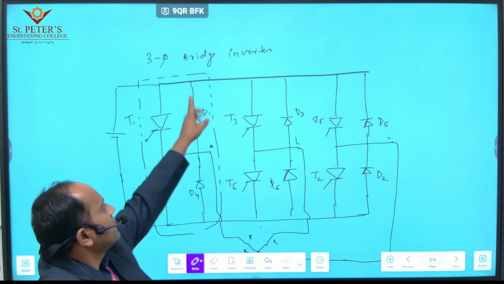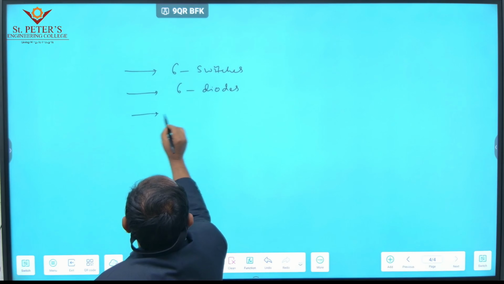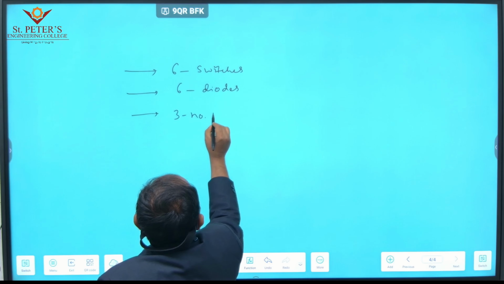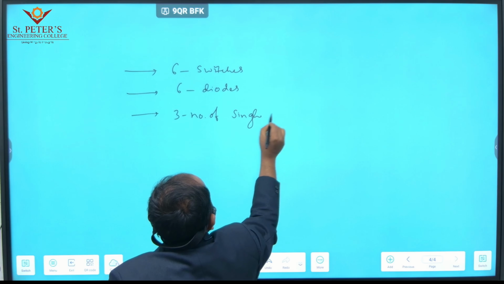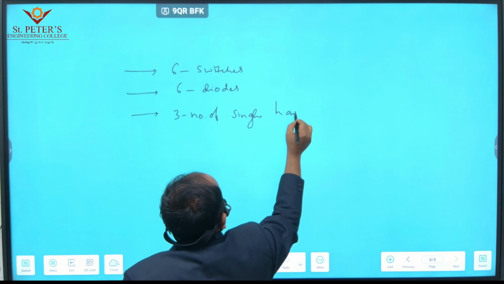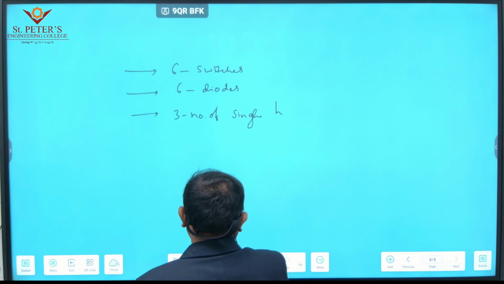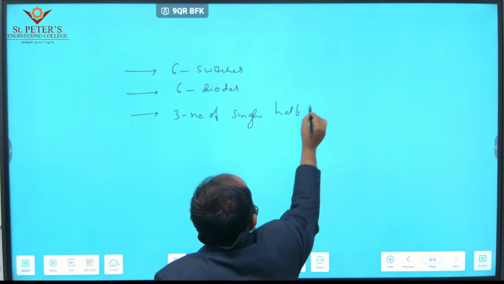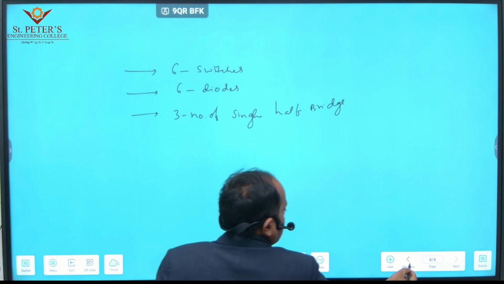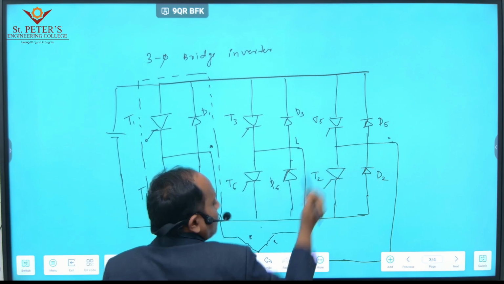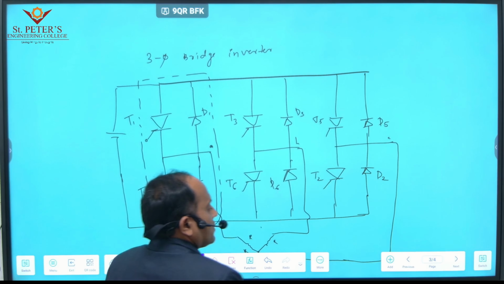That's why a three phase bridge inverter contains a total of three single phase half bridge inverters. And how are they connected? They are connected side by side.